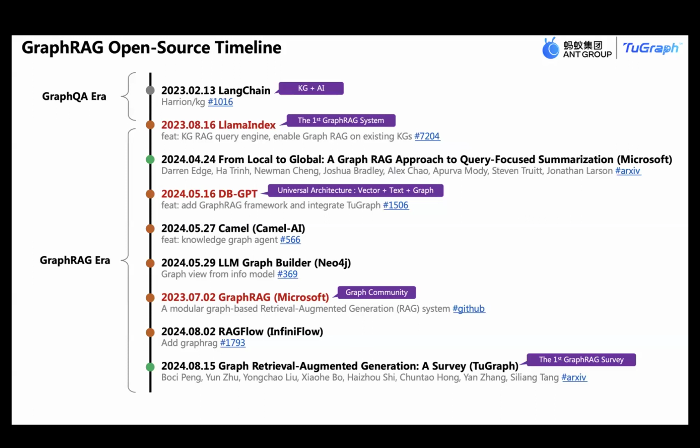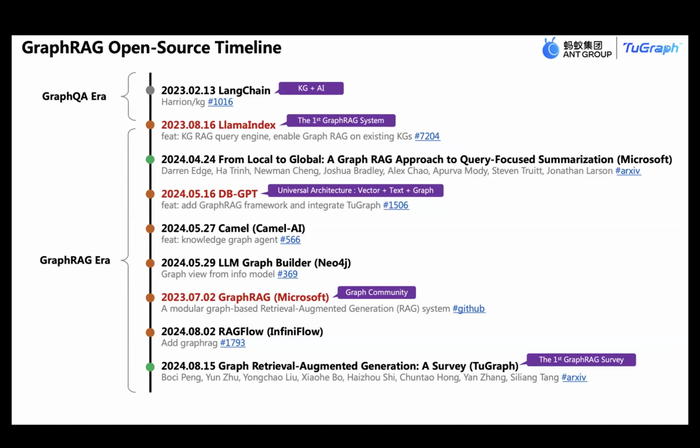So I summarize the open source timeline of GraphRAG. Before August 2023, LangChain called this technology GraphQA, and someone gave a PR to combine KG and AI together.